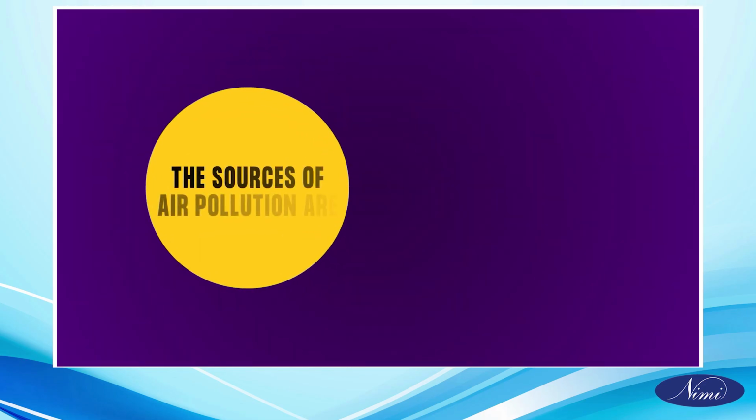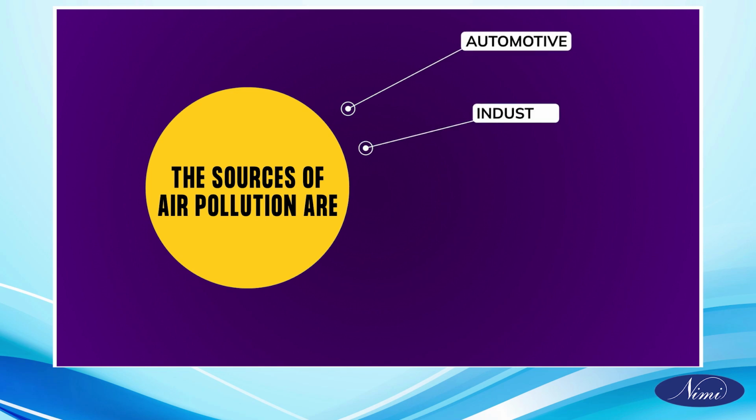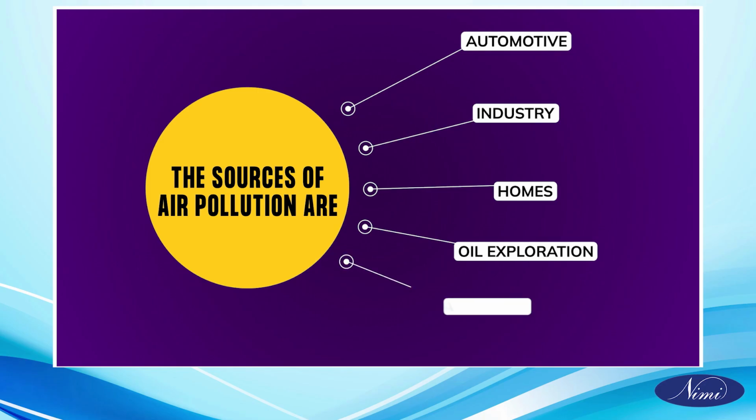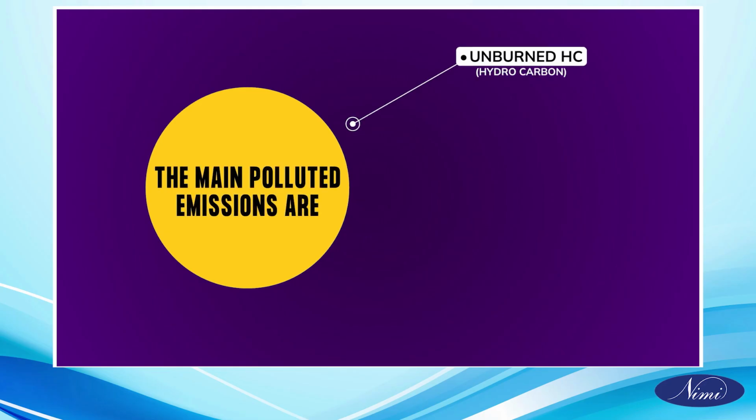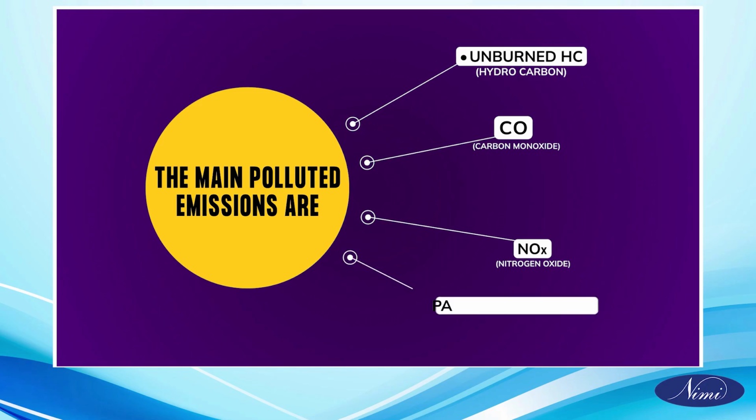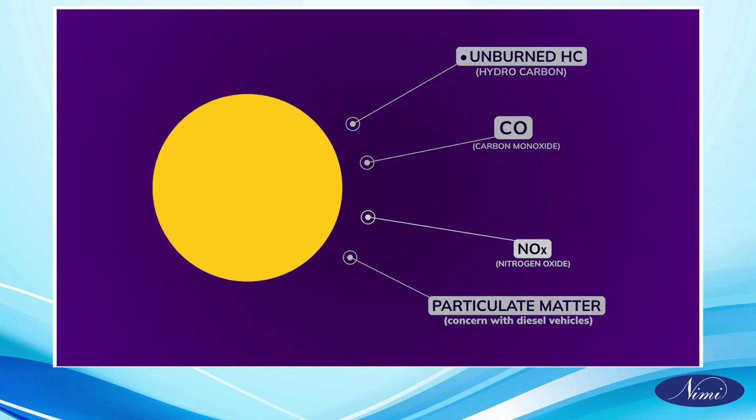The sources of air pollution are automotive, industry, homes, oil exploration, and airplanes. The main pollutant emissions are unburned HC, hydrocarbon, CO, carbon monoxide, NOx, nitrogen oxide, and particulate matter, concerned with diesel vehicles.